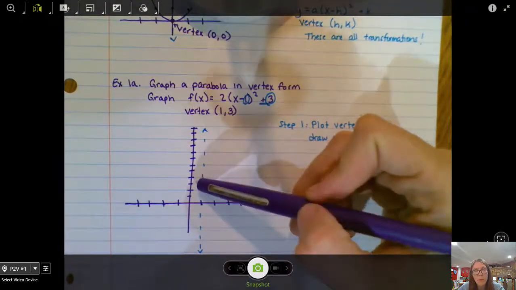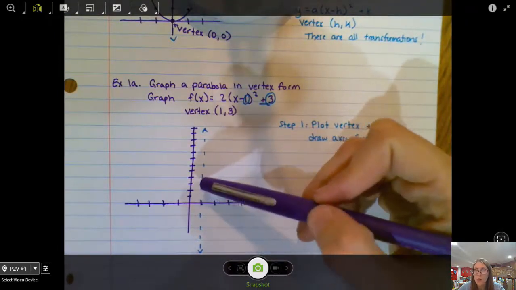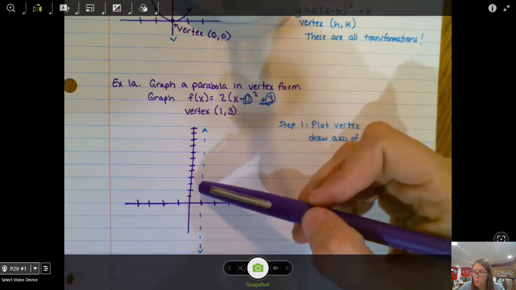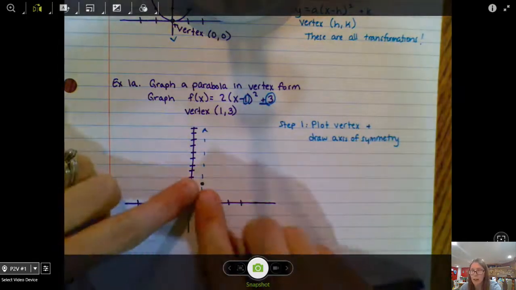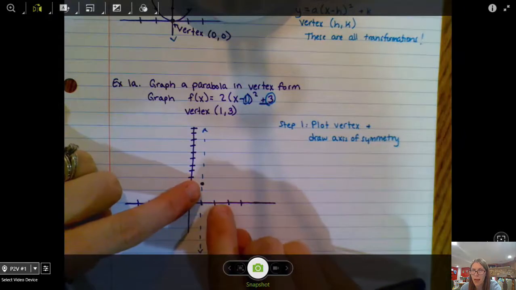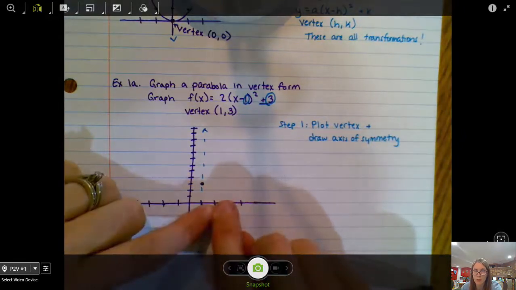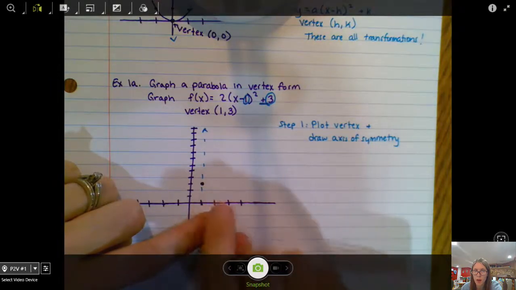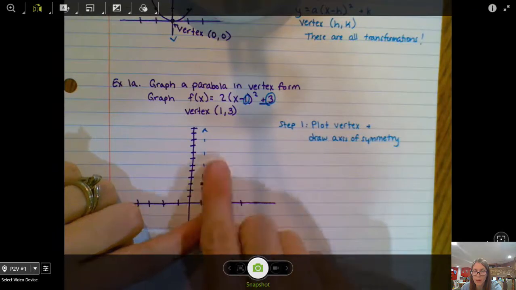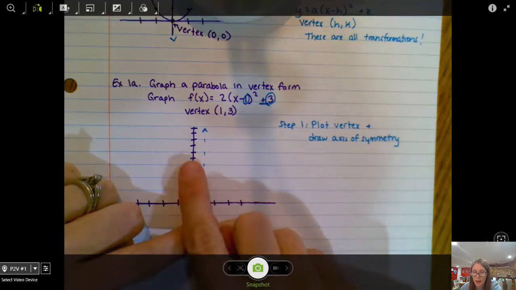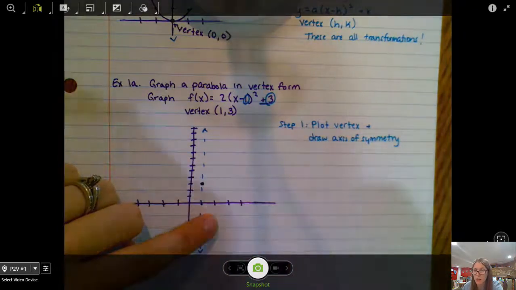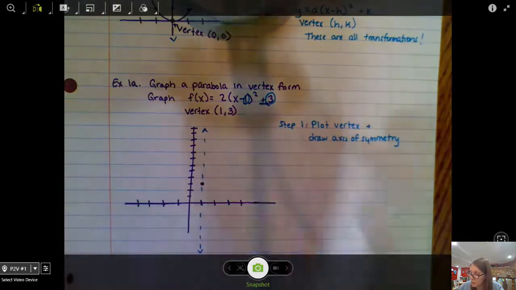We could pick an x value on one side of our vertex. So we could pick x equals 2. So this is x equals 1 here, x equals 2 here. When we figure out when our x value is 2, wherever that point is going to be the same on the other side of our axis of symmetry because our parabolas are symmetrical.